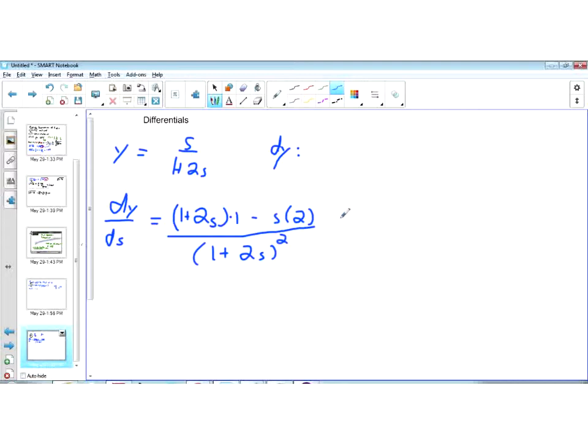So we just use the quotient rule for differentiation here, and so that would be 1 over 1 plus 2s quantity squared. And so the answer to the question, the differential of y, which is the differential of the function, would just equal ds, differential of s, divided by 1 plus 2s quantity squared.